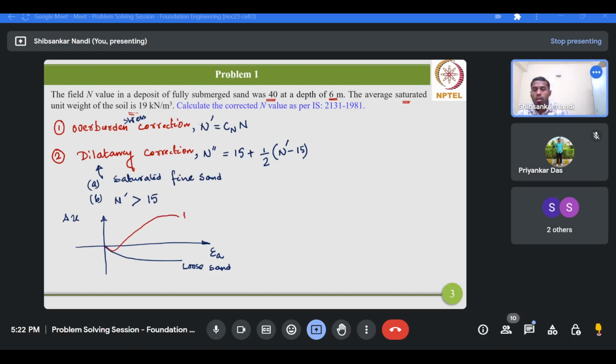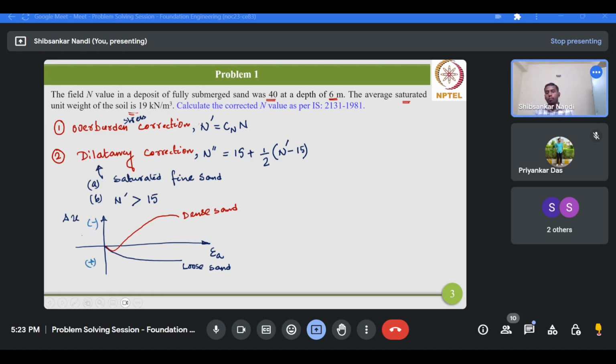This is for dense sand or overconsolidated soil. This side is plus, this is minus.